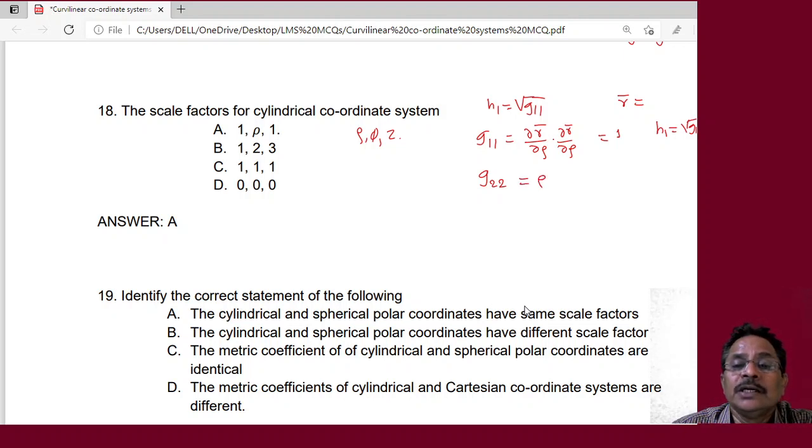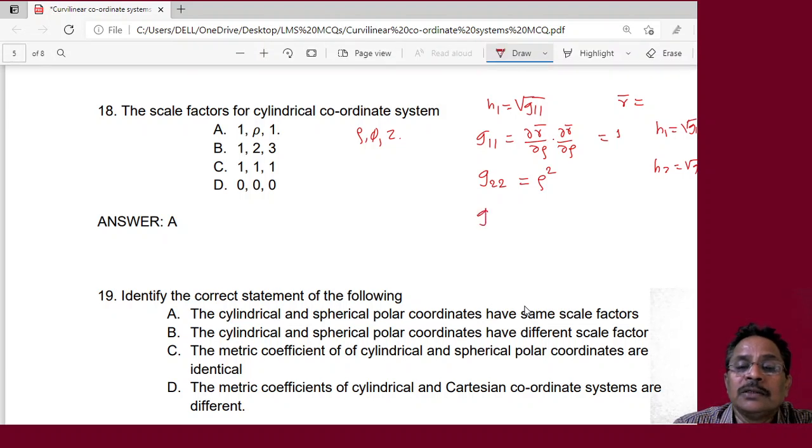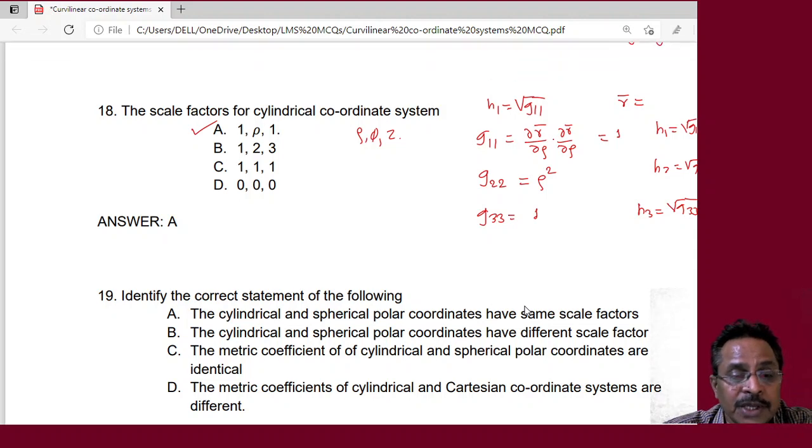If it is calculated, it comes to be rho squared, and therefore h2 is simply the root of g22, which is rho. Similarly, the third calculation g33 again gives 1, and therefore h3 is the root of g33, which comes to be 1. So 1, rho and 1 are the three different scale factors in the cylindrical coordinate system. So the correct answer of this question number 18 is E.